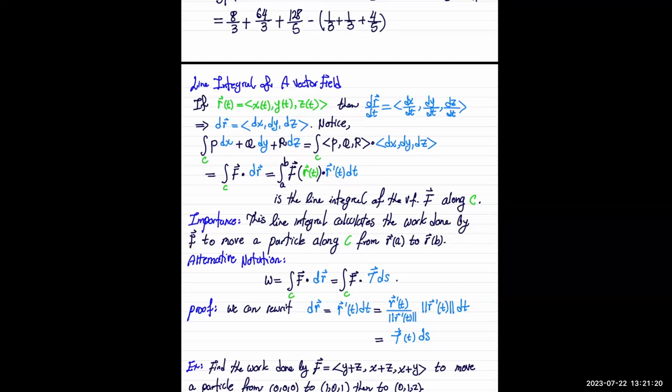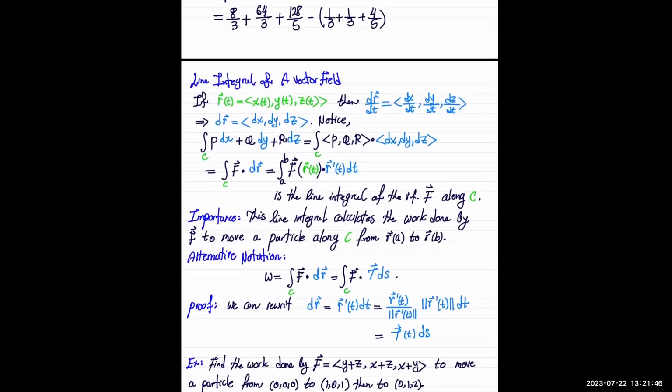At every point in space, there is a vector that tells you the force at that point. So this line integral is the work done by the force or the vector field to move a particle along C from the initial to the final point.